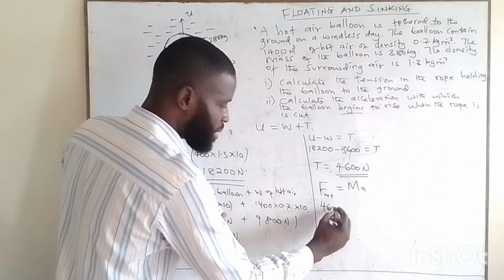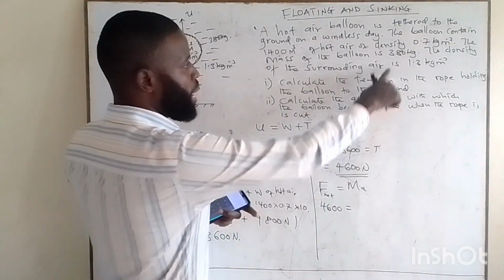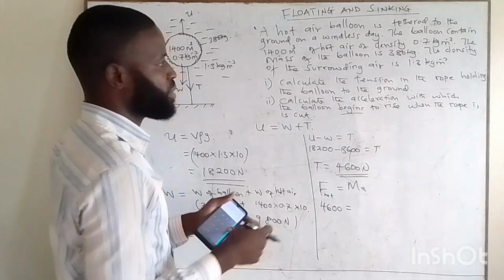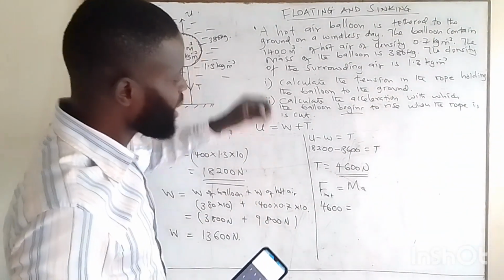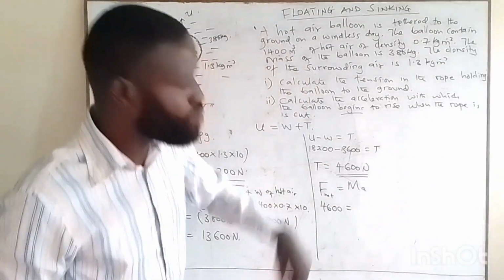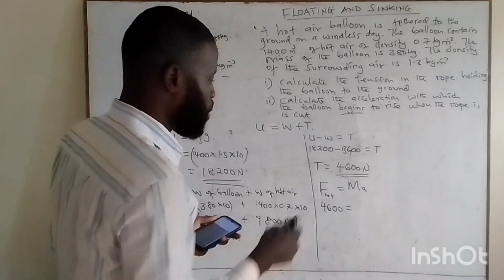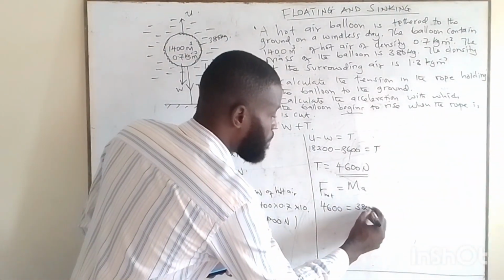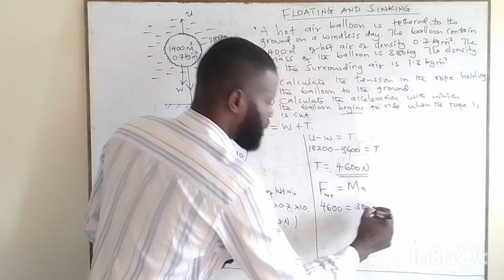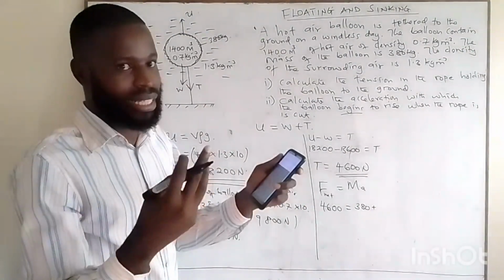So 4,600 is equal to the mass, which is the mass of the balloon and the content, not the balloon alone. So we'll have 380, we are using mass, plus, this is the mass of the balloon fabric, but inside the balloon we had content, that is the hot air.